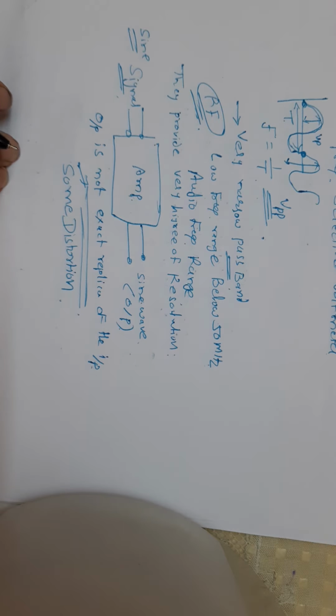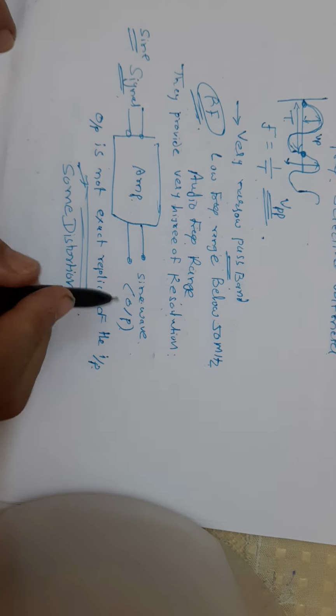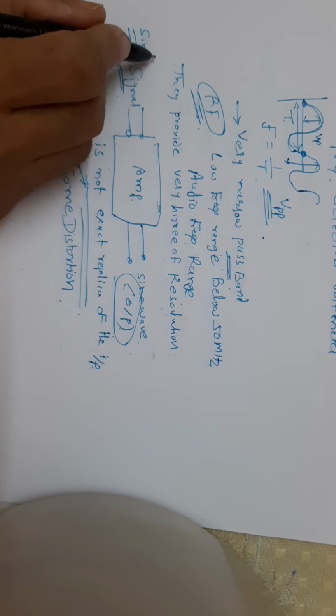The amount by which the output waveform of an amplifier differs from the input waveform is a measure of the distortion introduced by the inherent non-linear characteristics of the active device. So the output differs from the input.